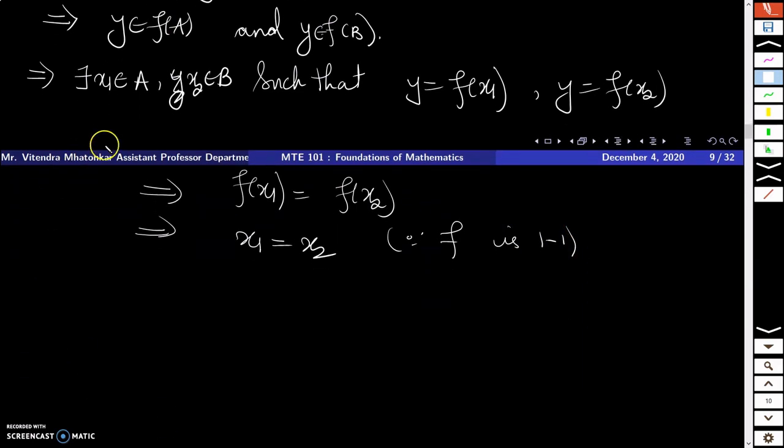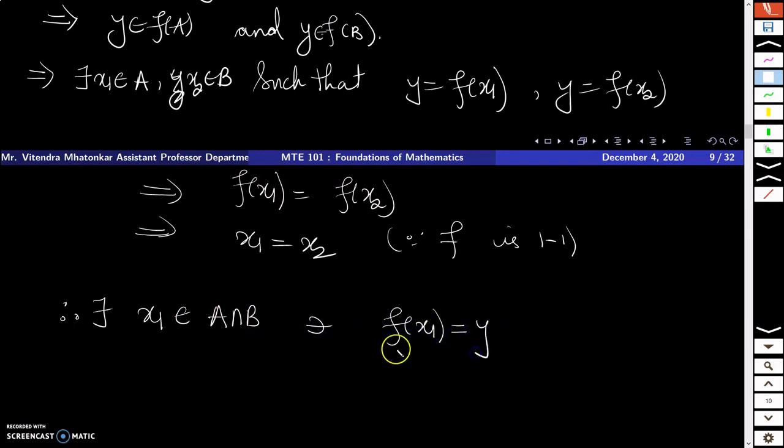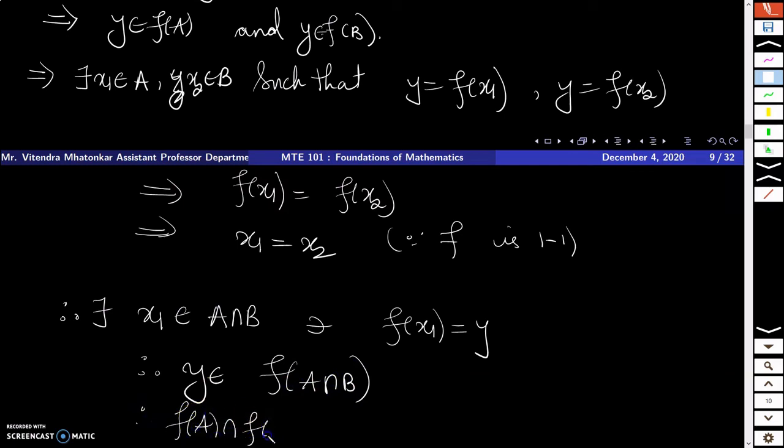So x1 is there in A and it is equal to x2, which is there in B. So therefore we have found a point x1 in A as well as B. That means in the set A intersection B such that f of x1 is equal to y. Therefore the point y is there in the image of the set A intersection B, and hence f of A intersection f of B is a subset of f of A intersection B.